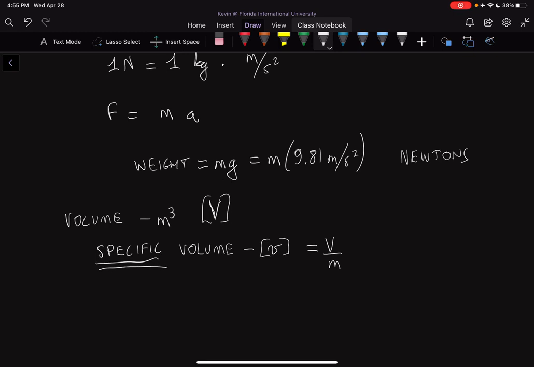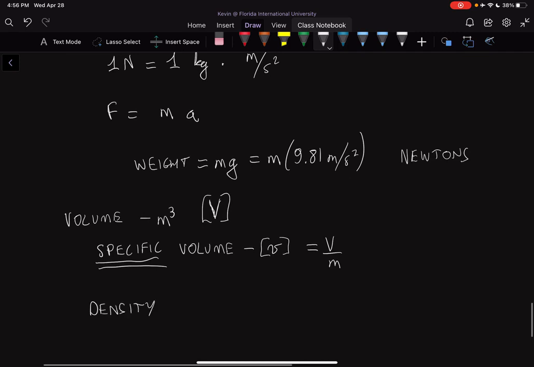Okay? And what's really interesting about that is that the specific volume is actually the inverse of something else that we know about. So let me talk about something else that we already know about, and that other thing is density. And we know that density is defined as rho, so the symbol for density is rho, and it's equal to m over V. It's the mass divided by the volume.